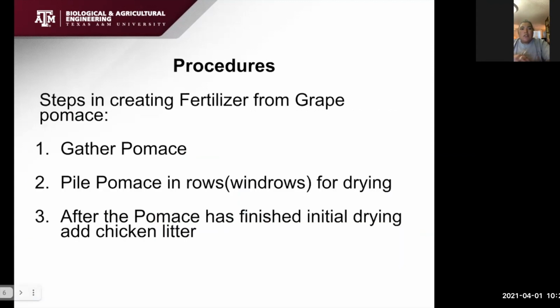So the procedures and steps in creating fertilizer from grape pomace are: one, gathering all the pomace that is produced after the wine production. Once the pomace is gathered, it needs to get piled into rows, also called windrows, for drying. After the pomace has finished drying, then you can add chicken litter to it.